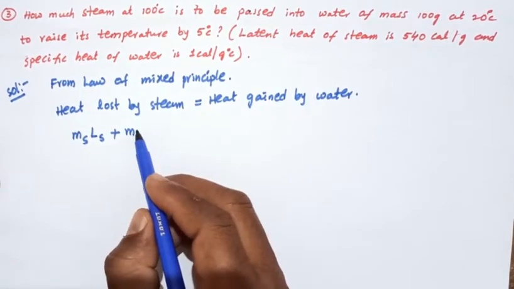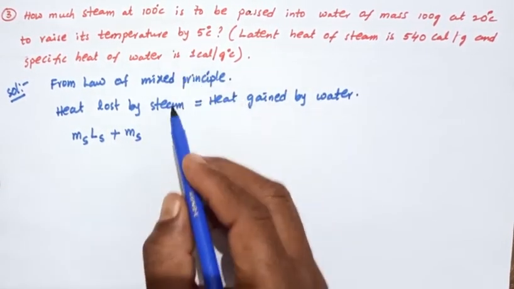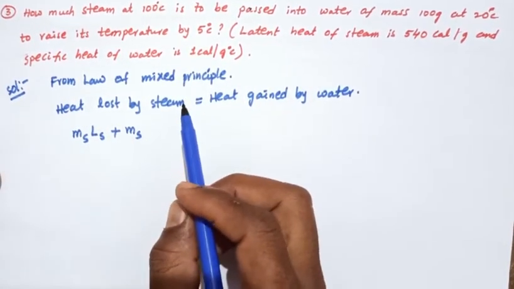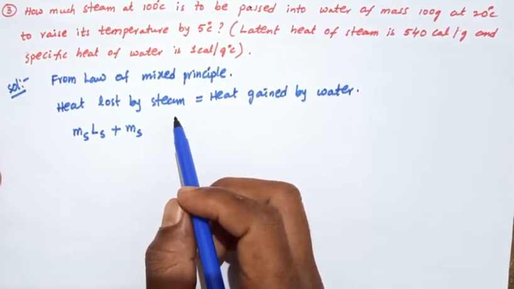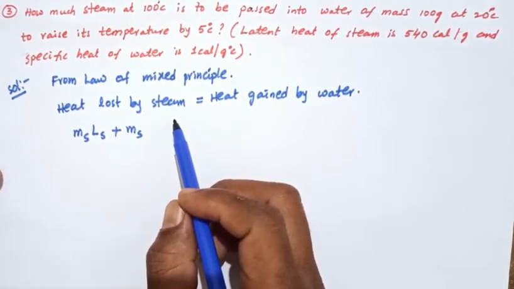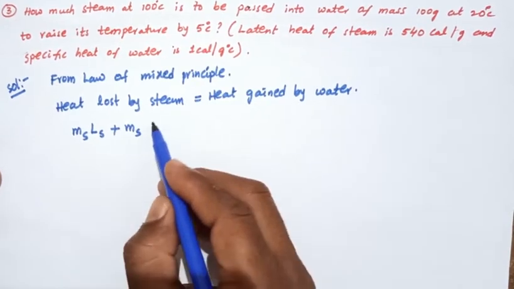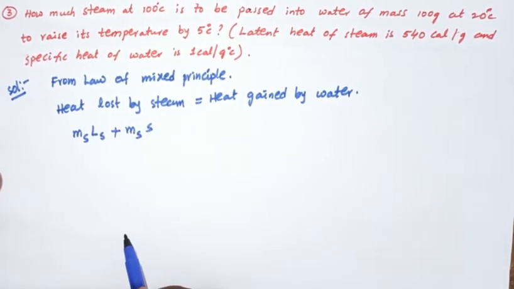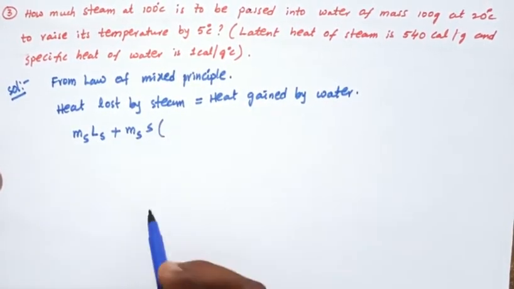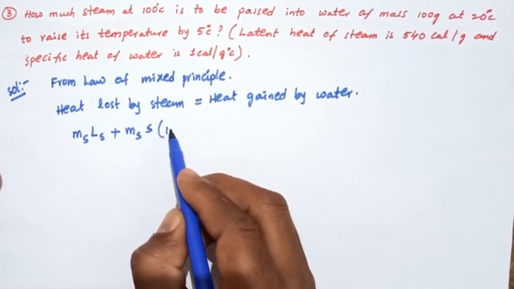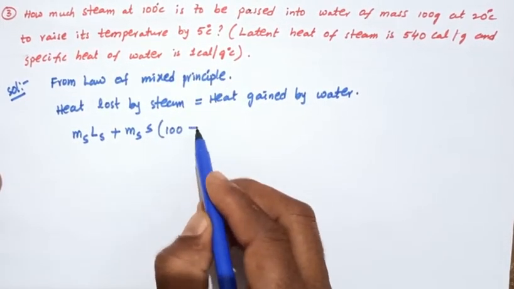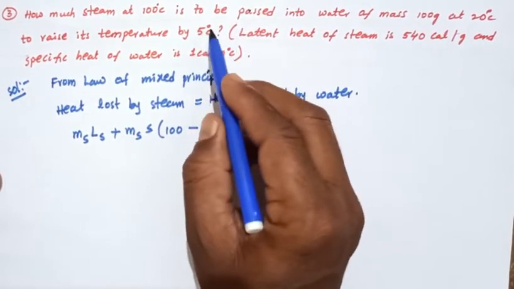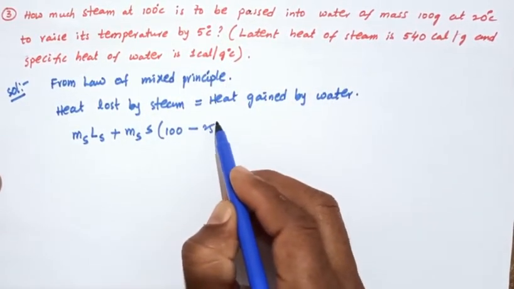So ms of water, the steam converted, ms into s, into the temperature, 100 minus the final temperature, 25 degrees Celsius.